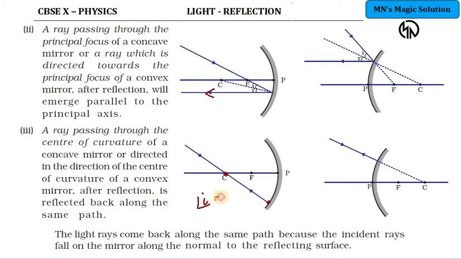So, the angle of incidence in this scenario is 0. According to the law of reflection, you have the angle of reflection also to be 0. That is why the angle of reflection becomes 0 and therefore the ray retraces its path. The same is applicable for convex as well. See, it appears to pass through the center of curvature and after reflection it is retracing its path.